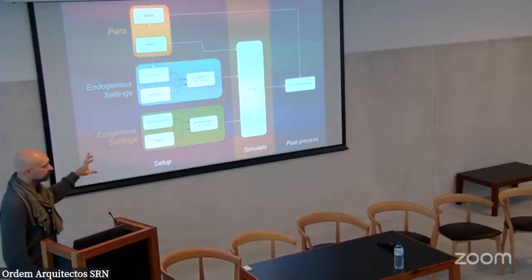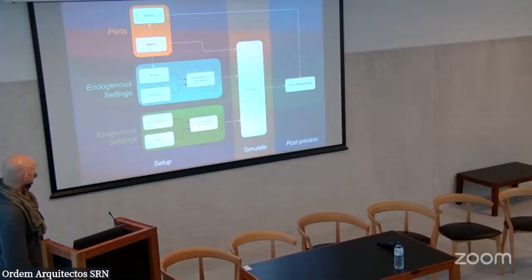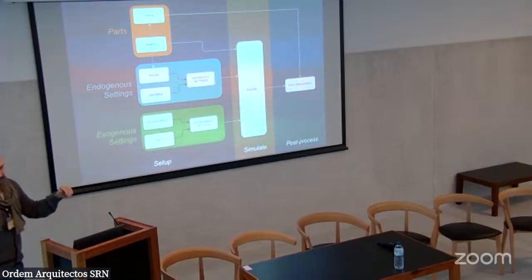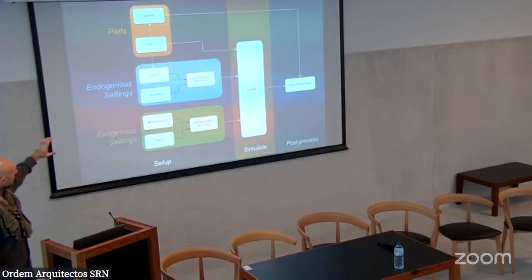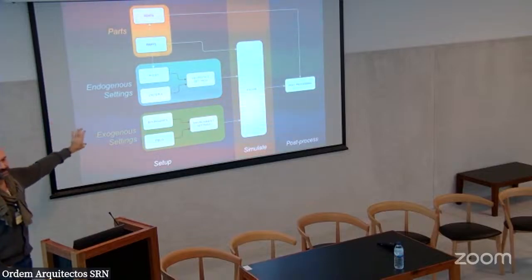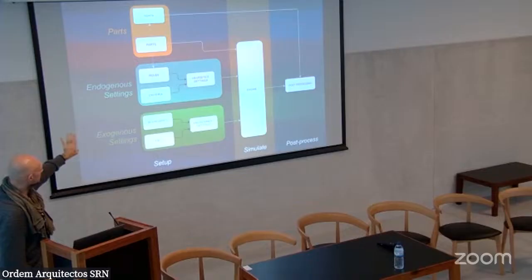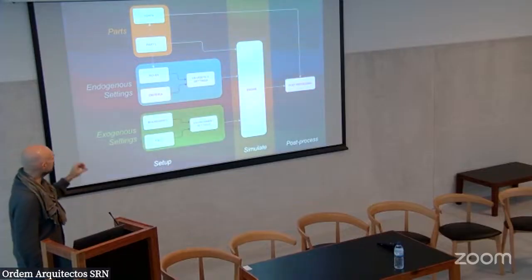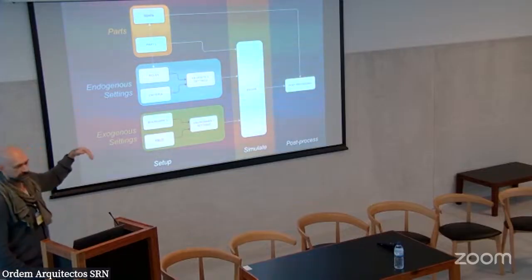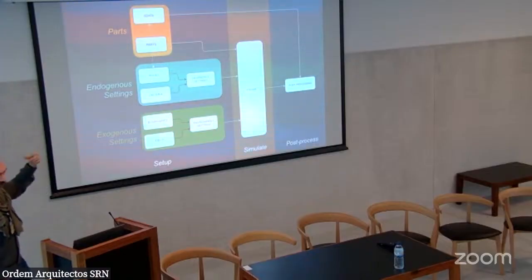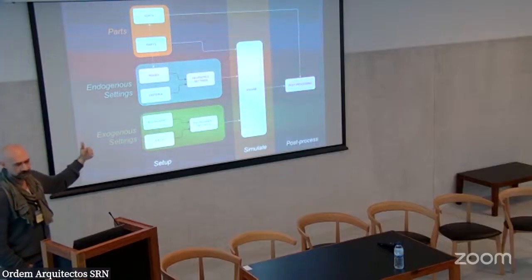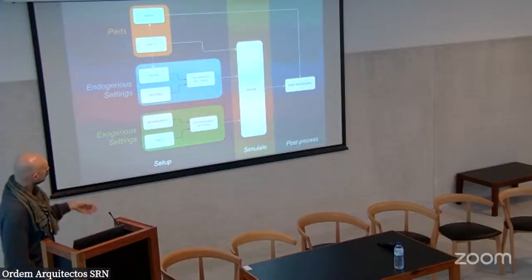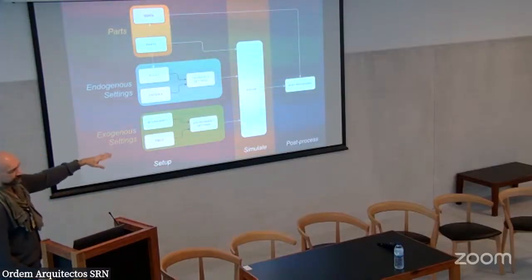Assembler is no different in this regard. So you have to set up three basic things: the parts, the endogenous settings, the settings that are proper to the system itself, intrinsic to the system, so rules, how the parts can connect together, the criteria, how the rules are selected, and these are parts of the heuristic settings.